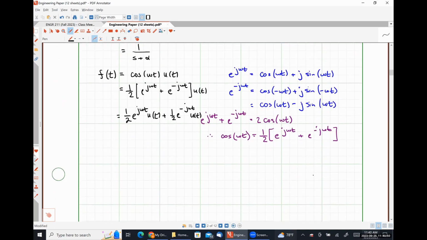So F of s should be, for the first bit, 1 over s minus j omega. What about for the second part? Actually, sorry, because I'm missing a factor of 1/2 up front.